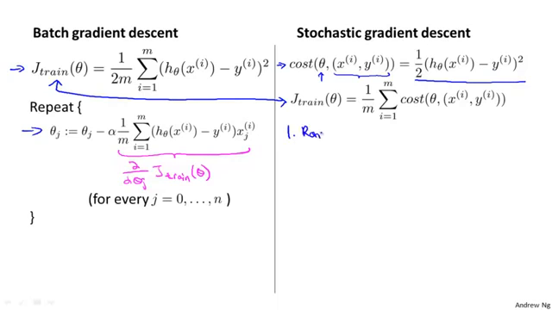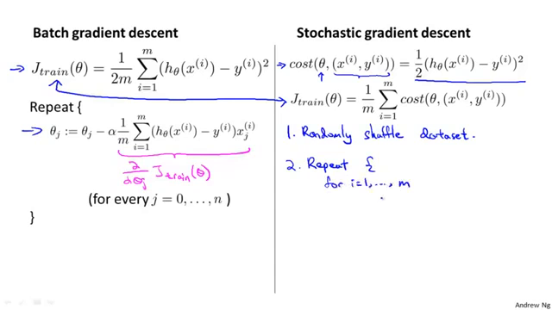The first step of stochastic gradient descent is to randomly shuffle the data set. By that I just mean randomly reorder your m training examples. It's sort of a standard pre-processing step. Come back to this in a minute. But the main work of stochastic gradient descent is then done in the following. We're going to repeat for i equals 1 through m.